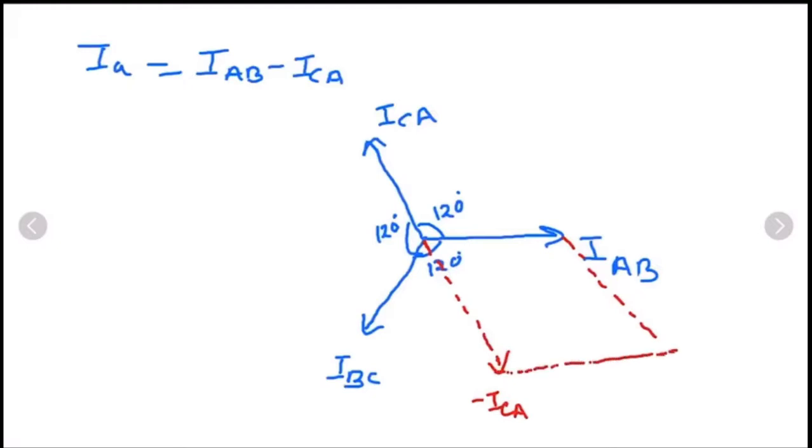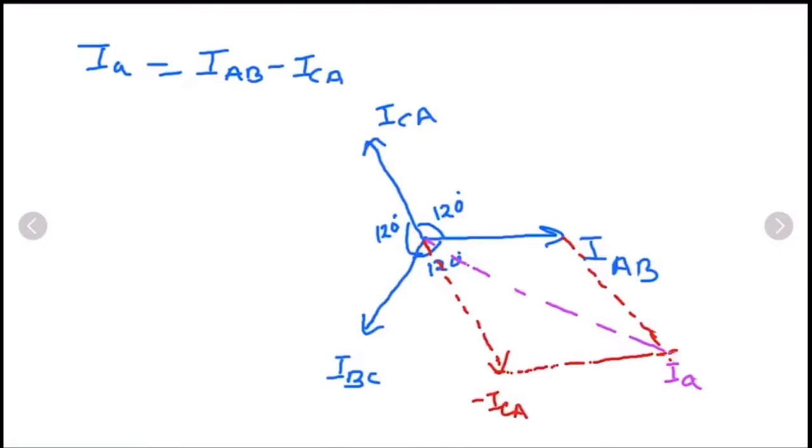We draw parallel lines for the different components, and wherever these lines intersect, that will give us the final point, and this will be your line current, that is IA.